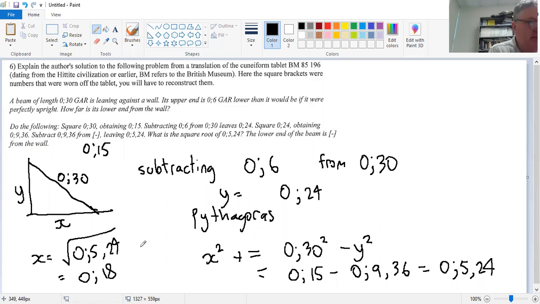It's 5 on 60 plus 24 on 60 squared, which is 324 divided by 60 squared, right? And you take the square root of that, you get 18 divided by 60. So that's what's there. And so then this is 18 right there. But the main thing is we're using Pythagoras theorem to solve all this.